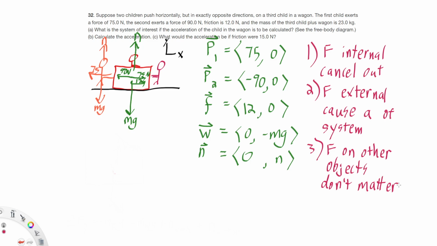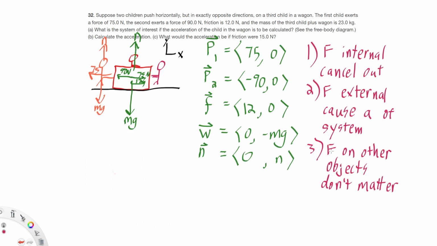So principle one here is an application of Newton's third law. Principle two here, well, that's just Newton's second law, and principle three here is just limiting our scope, right? We don't want to have to consider the entire universe every time we want to solve a physics problem.